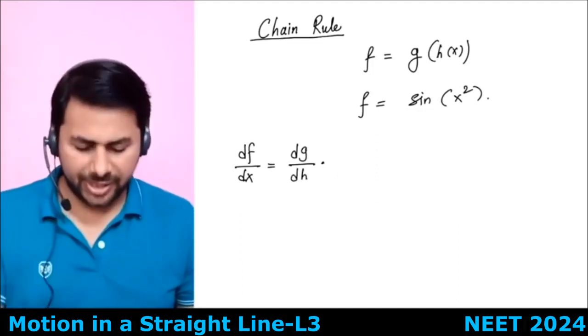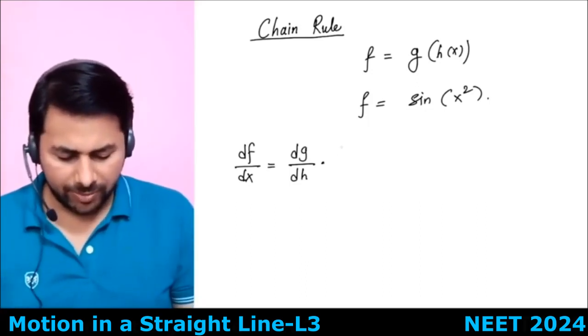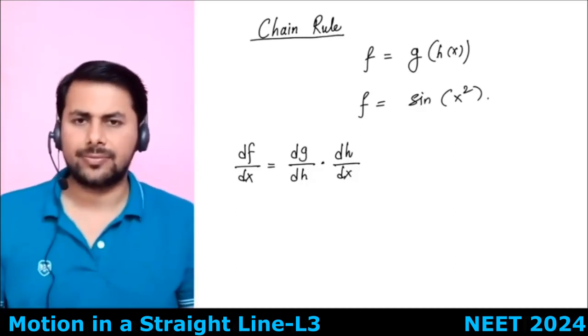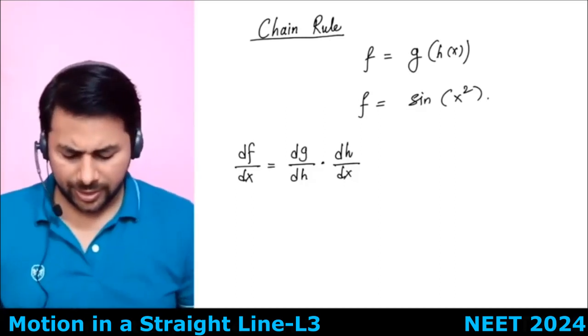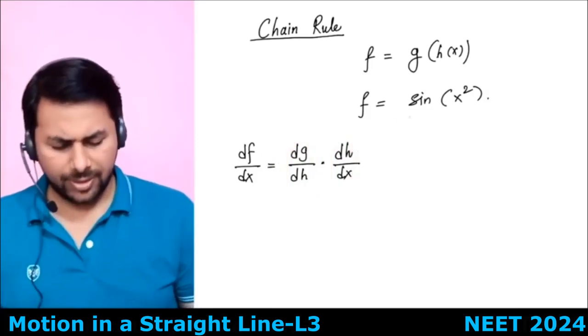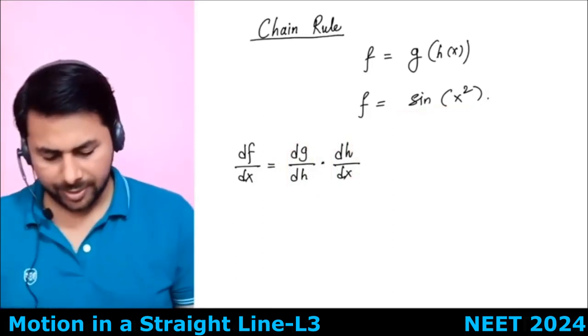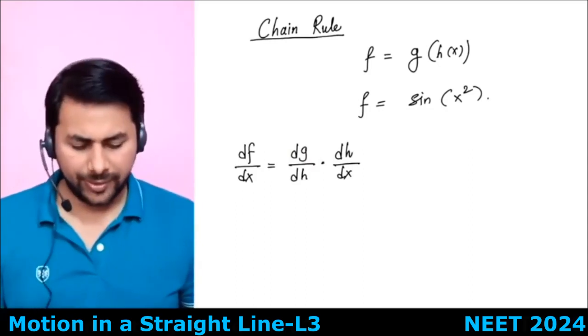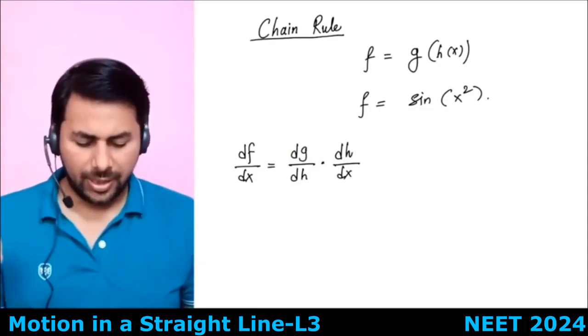So I will find dg by dh and I will multiply that by dh by dx. So this is the chain rule. For an example, I have written the example. So see, f is not a function of x.